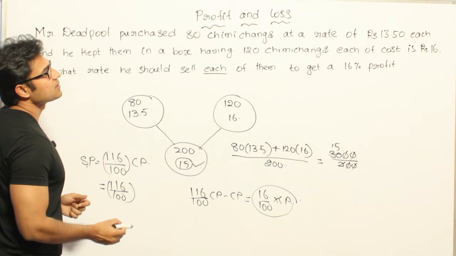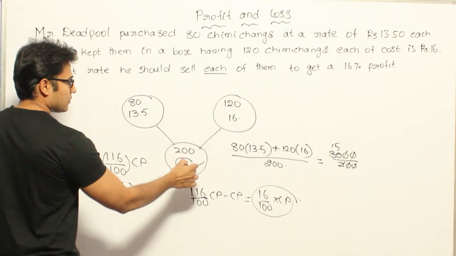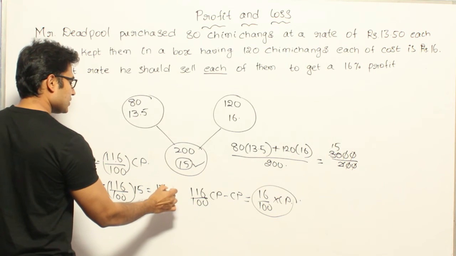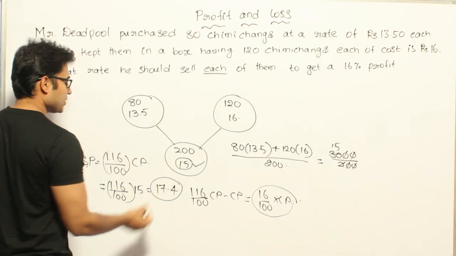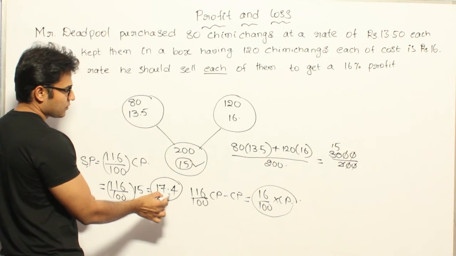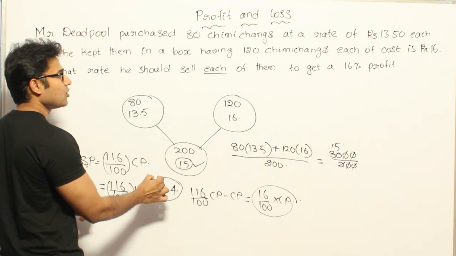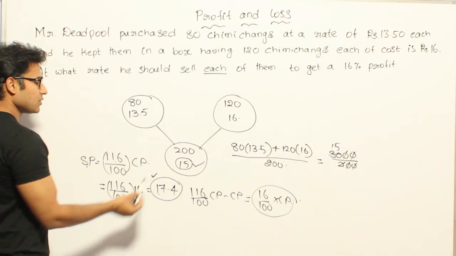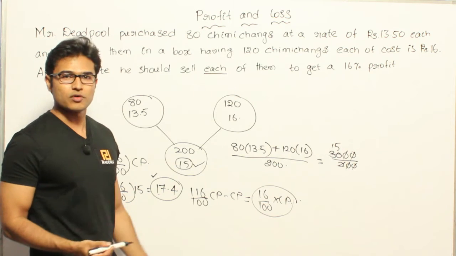So cost price is how much here? 15 rupees. Now if you compute it, it is going to be 17.4 rupees, which means if you sell every chimney chunk at a price of 17.4 rupees, you are going to get an overall profit of 16%. So the selling price of each one of them is going to be 17.4.